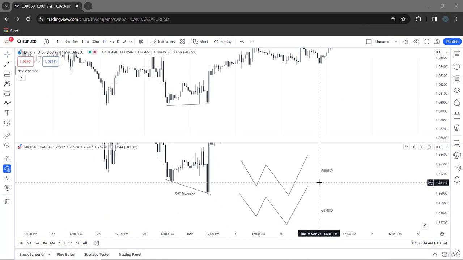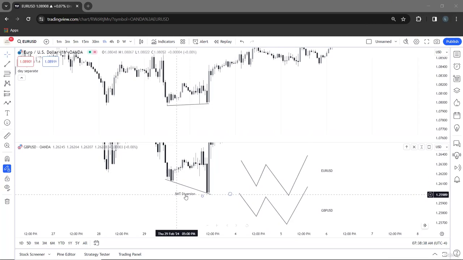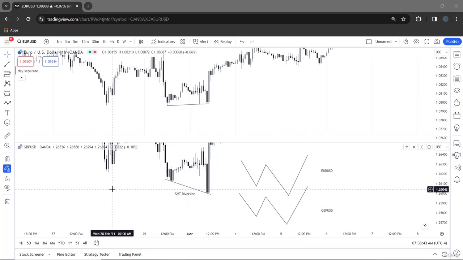All right, so this is a second example of an SMT divergence. The first example was the inverse correlation between the dollar index and other asset types that don't have the dollar index as the base currency.